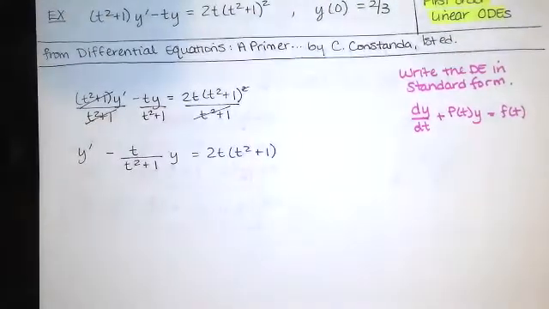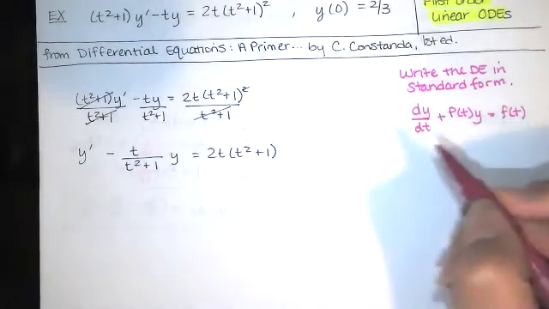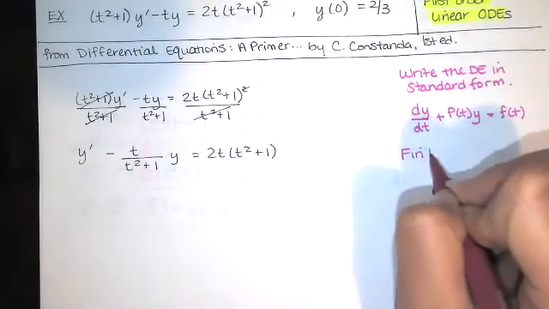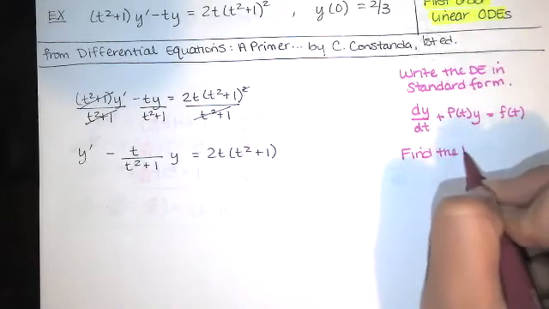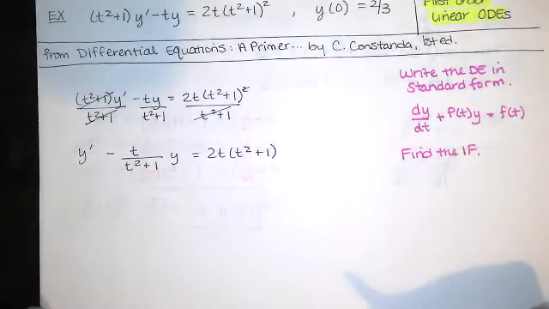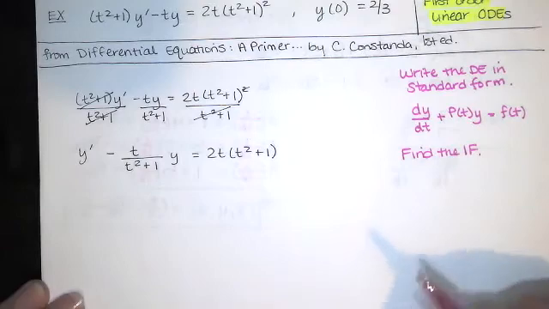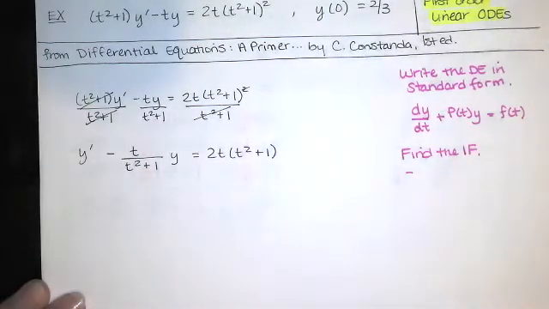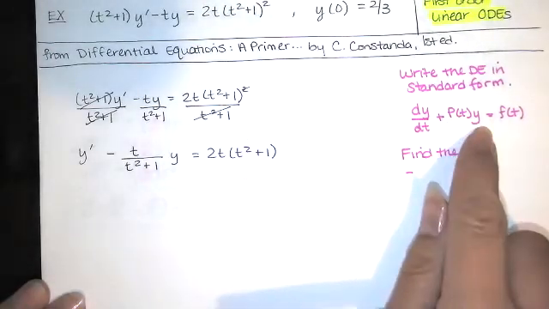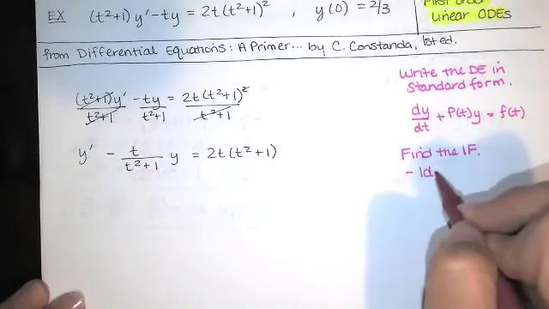Now, once you've written the differential equation in standard form, our next goal is to find that integrating factor. I'm going to abbreviate that IF for integrating factor. The way we do that is we identify p of t, that function in front of the y, and we take its antiderivative.